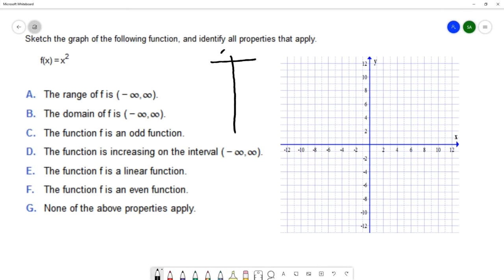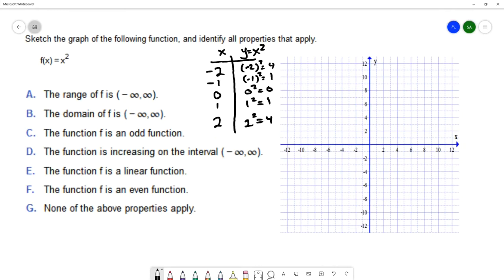I'm going to choose the standard set of x's, -2, -1, 0, 1, and 2. And I'll substitute that into our equation y equals x squared. -2 squared is 4, -1 squared is 1, 0 squared is 0, 1 squared is 1, 2 squared is 4.